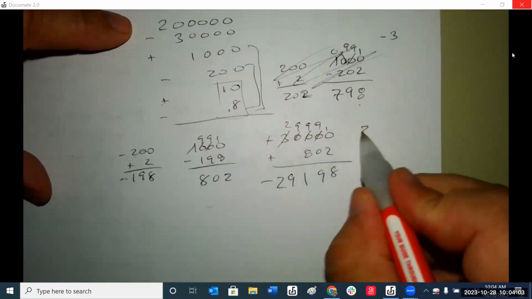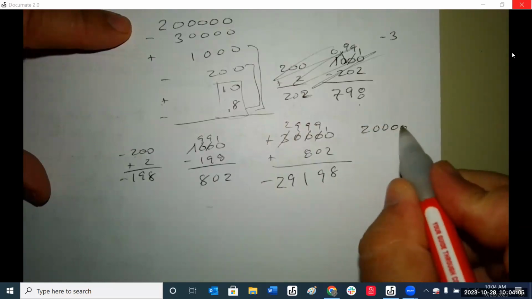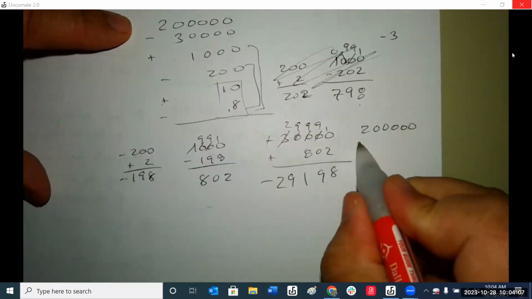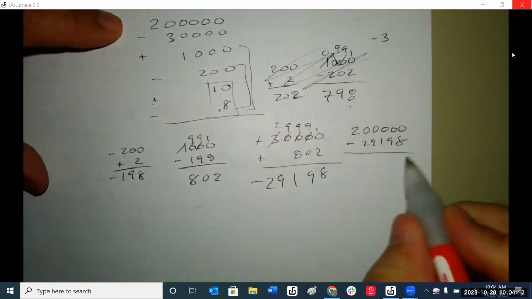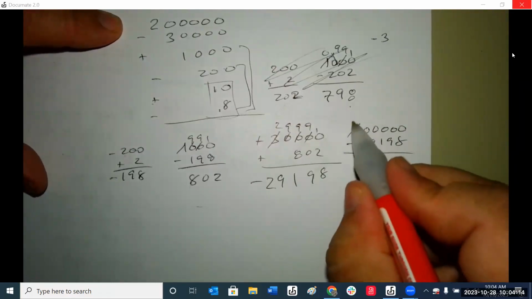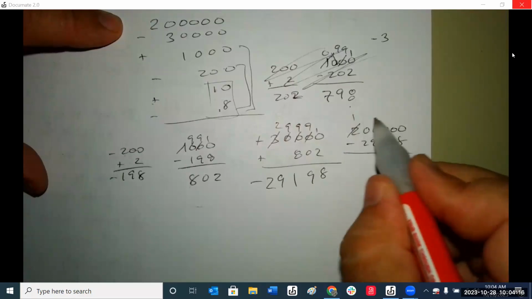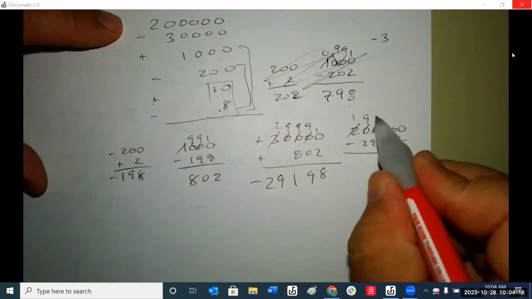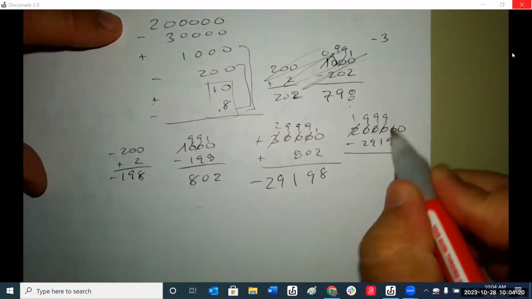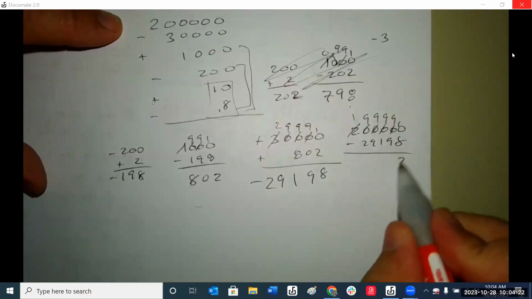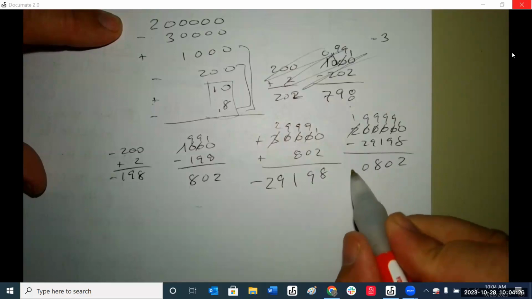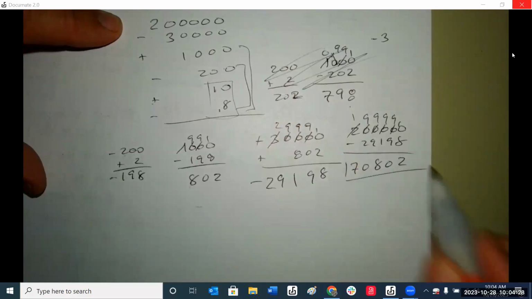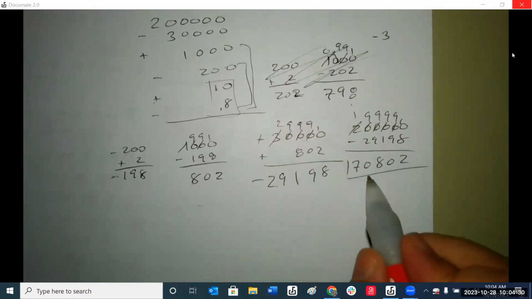And then we have the 200,000 minus the 29,198. So it's 170,802. There's the answer. So it's not 0.